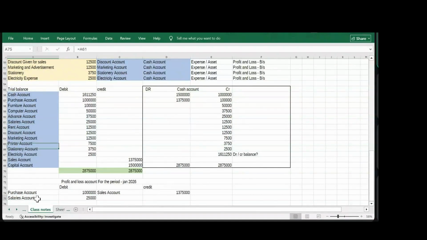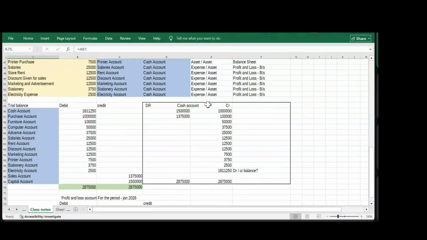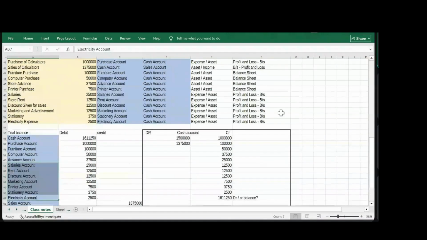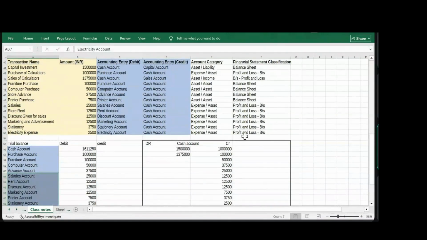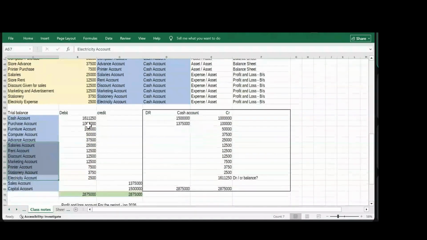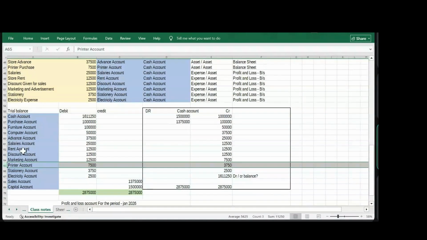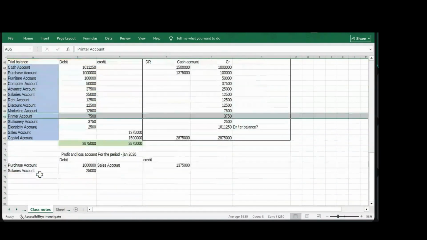Now salaries 1, 2, 3, 4, 5, 6, 7. We have 7 here. Which one did I leave out? Let's pick up everything. 1, 2, 3, 4, 6 only. Which I have taken extra. Printer I have taken extra.